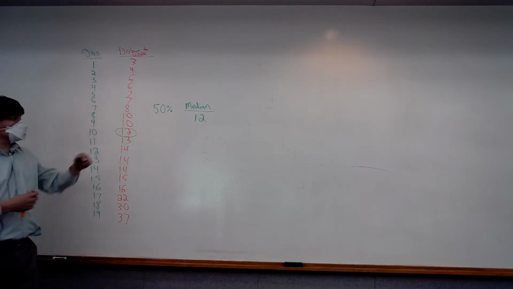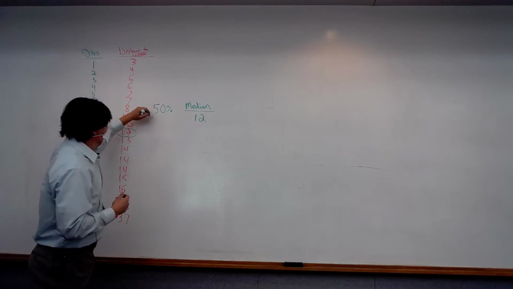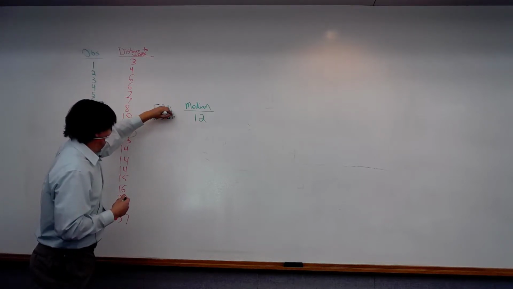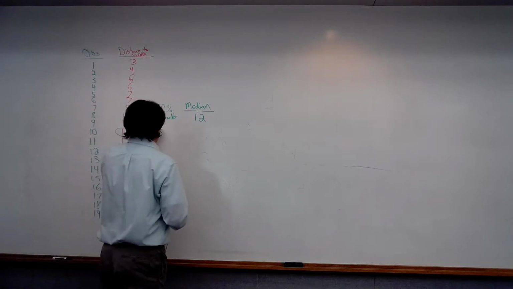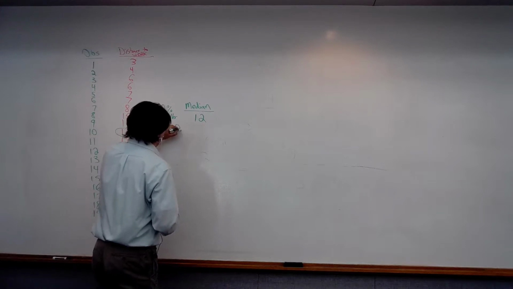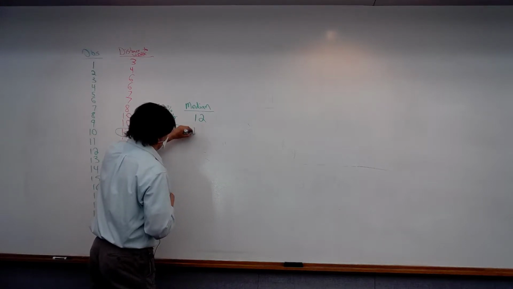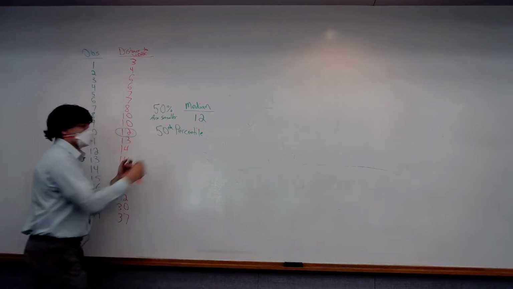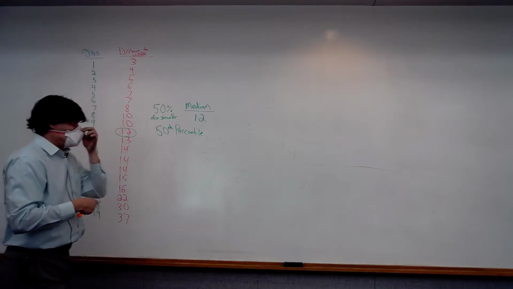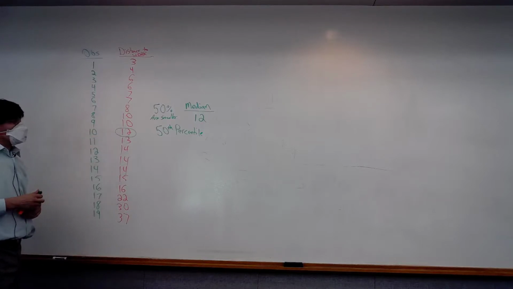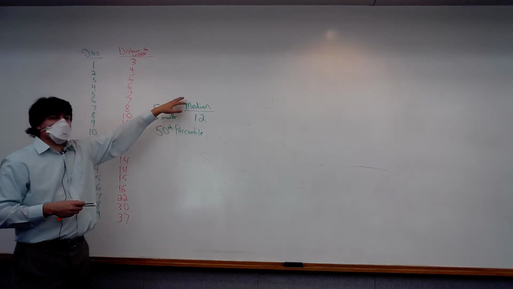So we can think of this as 50% of values being smaller, and that is the 50th percentile. These are all different ways to talk about the median, the center of our data, in terms of the order. So the 50th percentile is the median.